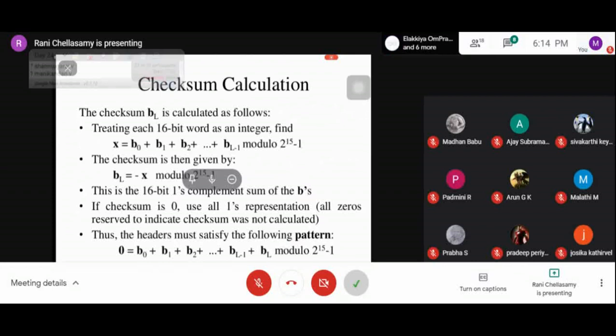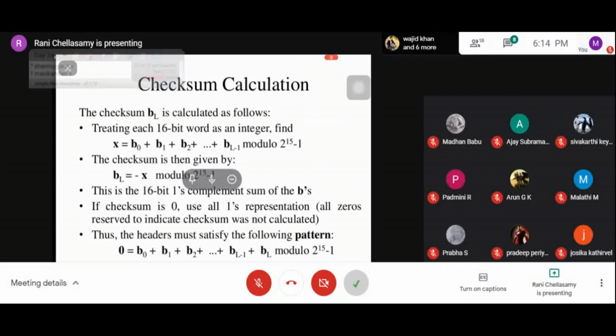So we need to go with the binary format for each and every IP address. We need to convert into binary representation, and represent all the fields in binary. Then you have to calculate the sum of all the values given in each and every field.